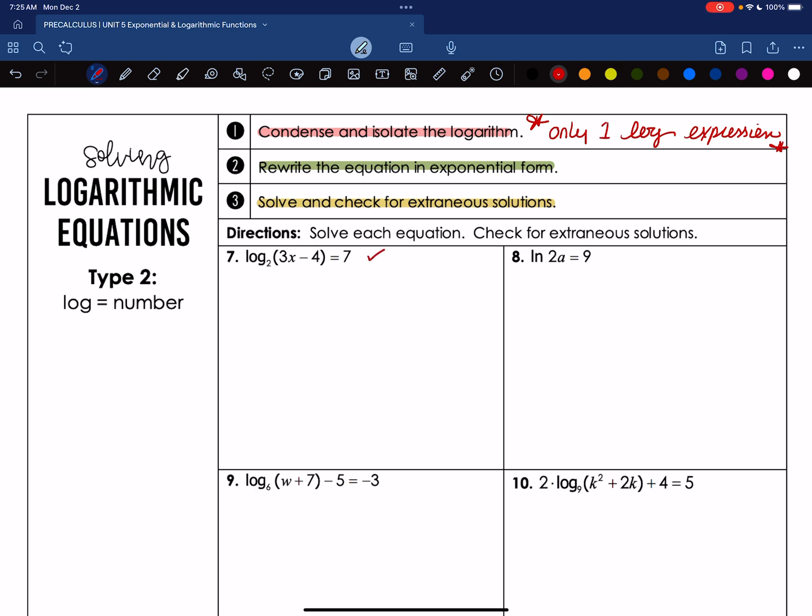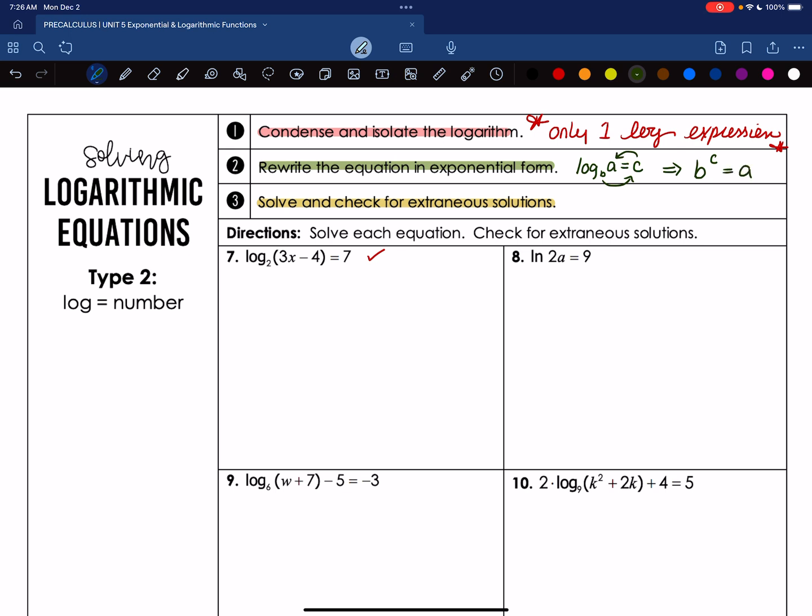That's already done. We can go ahead and begin step number 2, which is to rewrite the equation in exponential form. Remember that if you have something that looks like this, log base b of a equals, we'll just call it c, then when you write that in exponential form, it's going to be the base of your exponent is also the base of your logarithm, so b, and then it would be to the power of c, right, following our little looping trick, and then it would equal a.